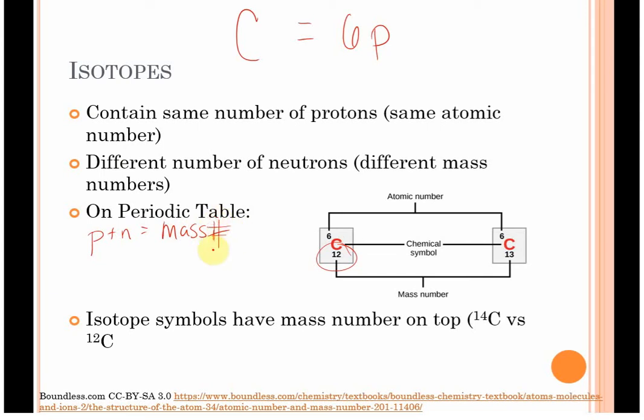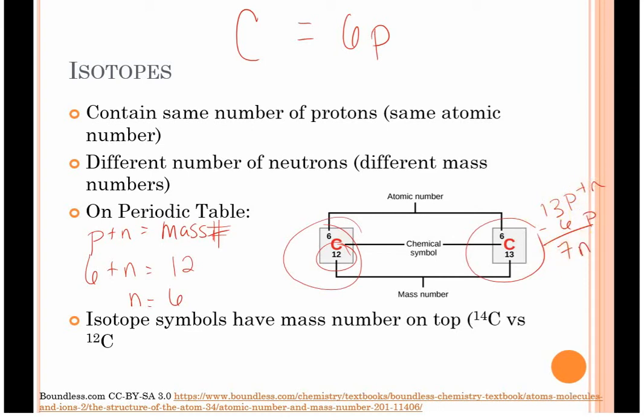So if we have 6 protons plus some number of neutrons equals 12, we can solve by subtracting from both sides, and we get 6 neutrons for this one. Over here, 13 minus 6 protons gives us 7 neutrons.